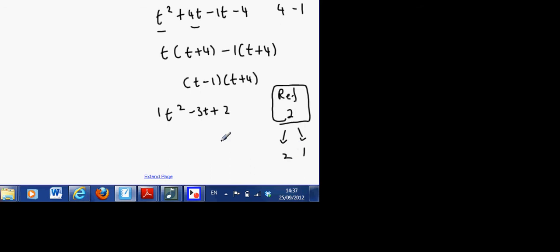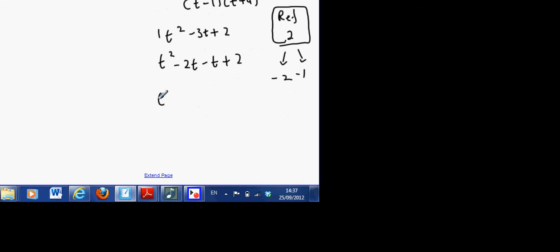Then it's going to be t squared minus 2t minus 1t plus 2, because you want minus 3t. Factorize. You get t into t minus 2, minus 1 into t minus 2. And the answer will be t minus 1 divided by t minus 2.